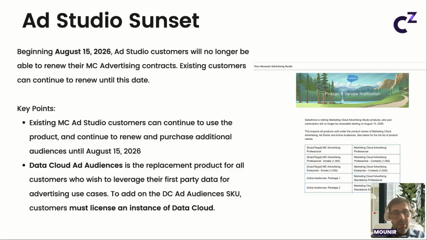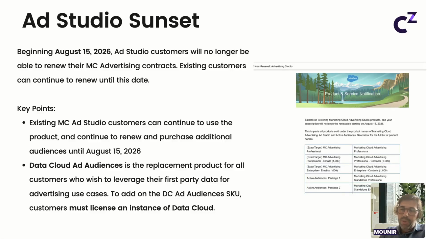Advertising Studio. I guess some of you have received this email by Salesforce, the notification of non-renewal of Advertising Studio. And what it says is that beginning August 15 in 2026, you won't be able to renew your MC advertising contract.